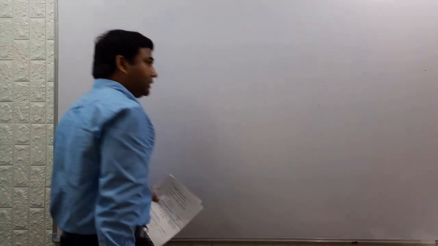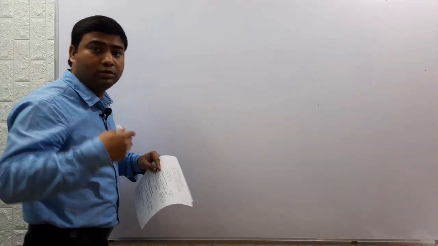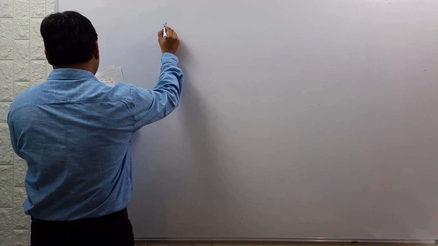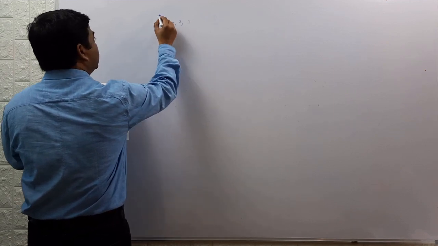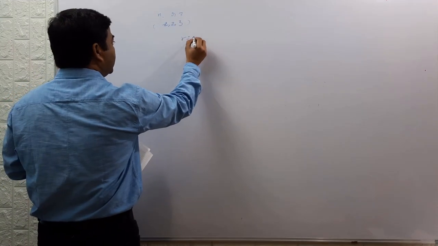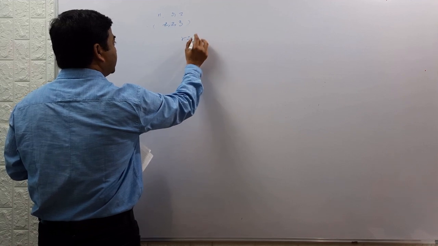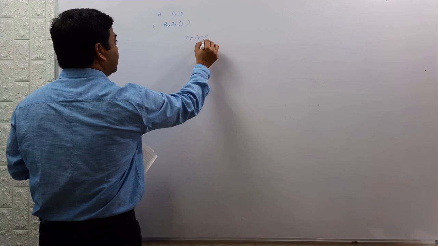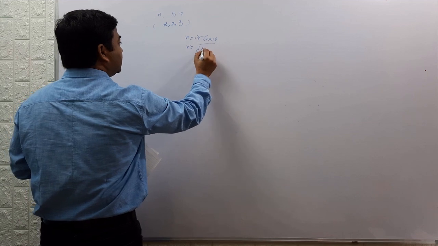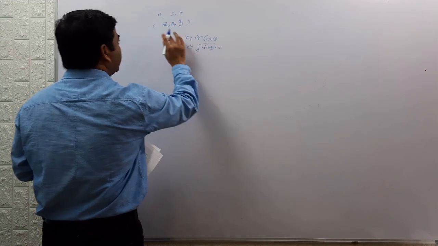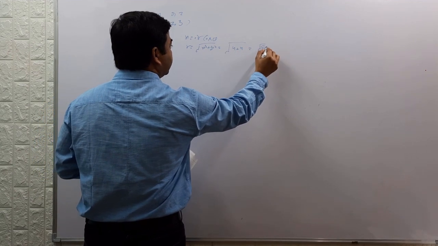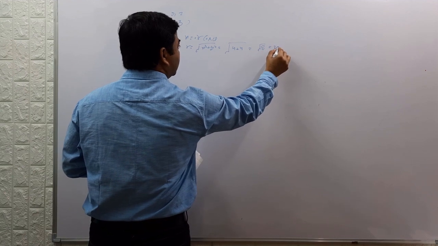Similarly, another small example, we will convert from the Cartesian coordinate system to the cylindrical coordinate system. Cartesian coordinates are given as (-2, 2, 3). So these are x, y, z. For cylindrical coordinates, we know x is equal to r cos theta. We can say r is equal to the square root of x square plus y square, which is the square root of 4 plus 4, equal to the square root of 8, which is 2 root 2.